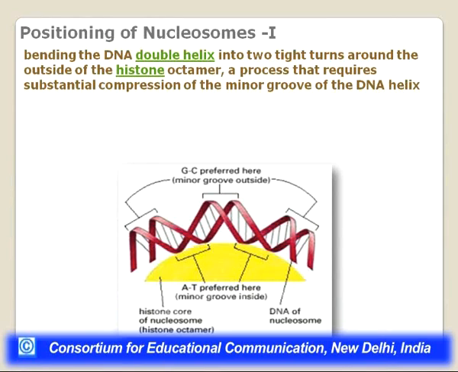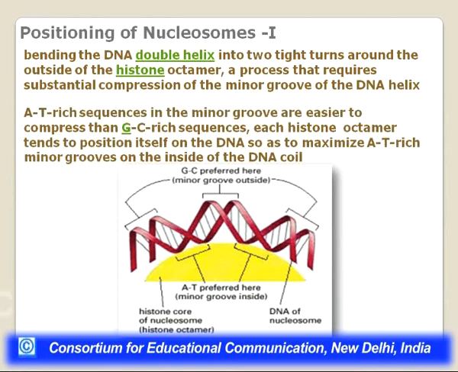So it appears that the nucleosomes are very fixed on a DNA molecule. AT-rich sequences in the minor groove are easier to compress than GC-rich sequences. So each histone octamer tends to position itself on the DNA so as to maximize AT-rich minor grooves on the inside of the DNA coil.